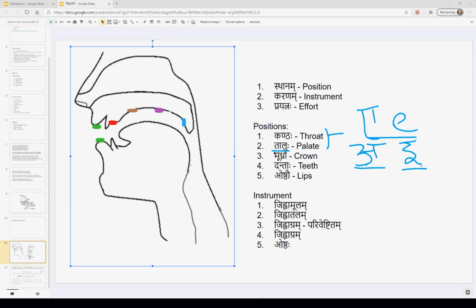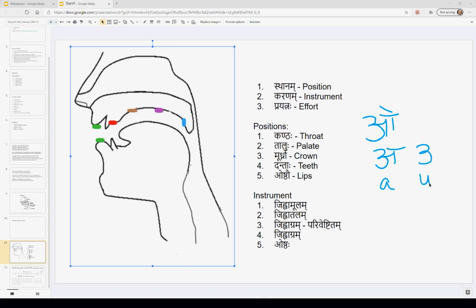Similarly, I is also a combination of throat and palate, because I is an extension of A. Same thing, Kantha-talu. Okay, what about O? Kantoshtam. O is a combination of A and U, Kantha and Oshtha, so it needs lips.